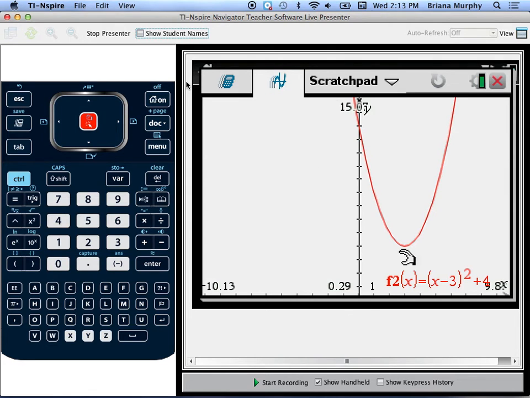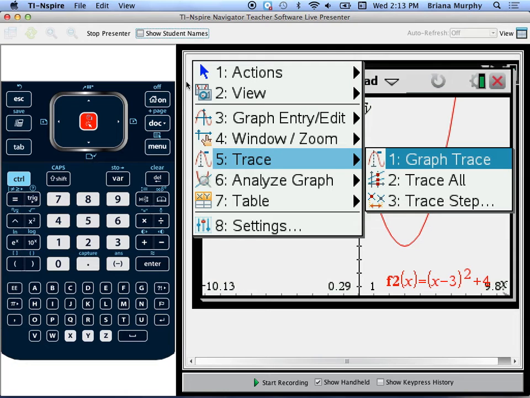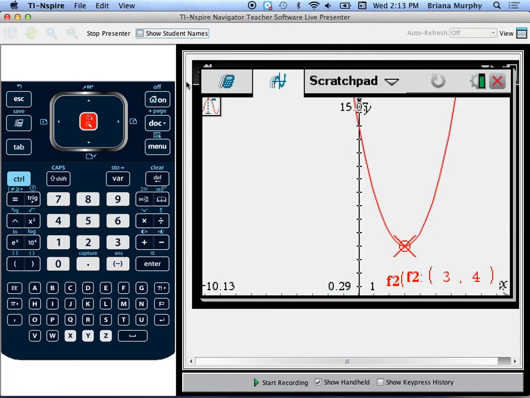I've got my graph typed in here. I'm going to hit menu, 5, trace. And I can see what my vertex is. So my vertex is right there at 3, 4. You've got to move it around a little bit, but you want to get the very bottom.